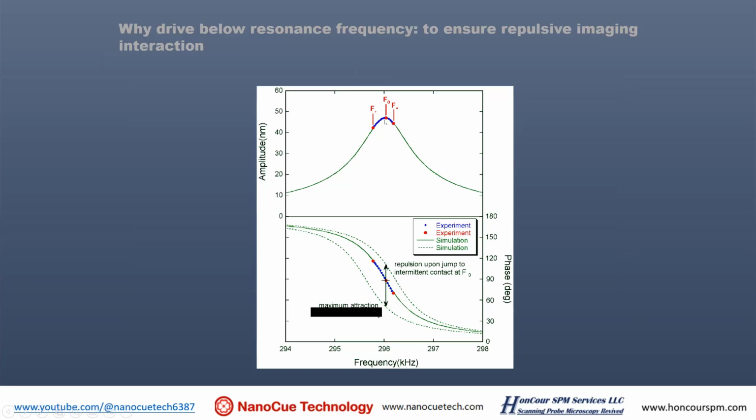When the peak shifts to the left, the amplitude decreases and your feedback kicks in. The feedback starts to be effective, and you're engaging tip and sample in the attractive region. You can also put it on the very peak, which also has this effect. And if you put it on the left shoulder with high amplitude, it'll guarantee the repulsive region. And that's how you manipulate attractive and repulsive force.